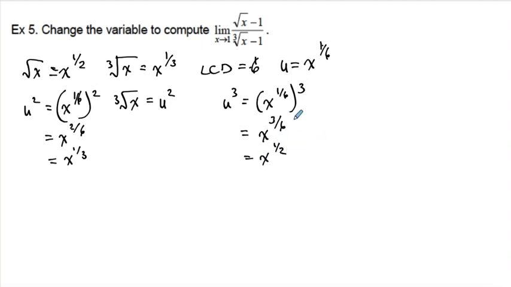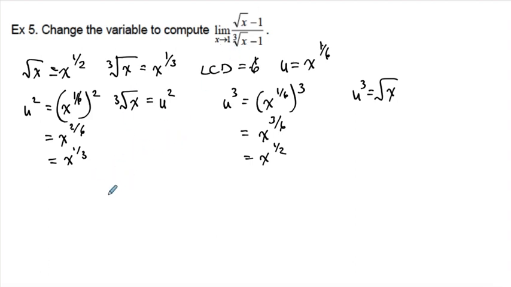And I know that x to the 1/2 is the same as the square root of x, so u cubed is equal to the square root of x. Now, that's a lot of work right now, but I promise it's going to make trying to solve this limit a lot easier. So let's go and substitute in what we know.